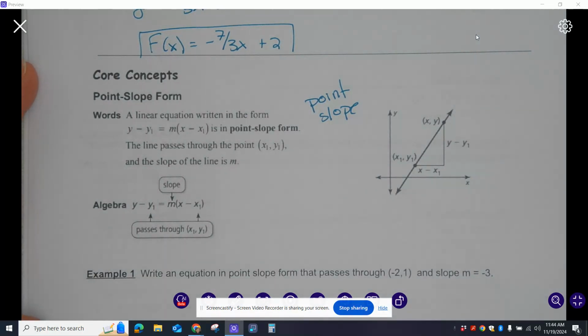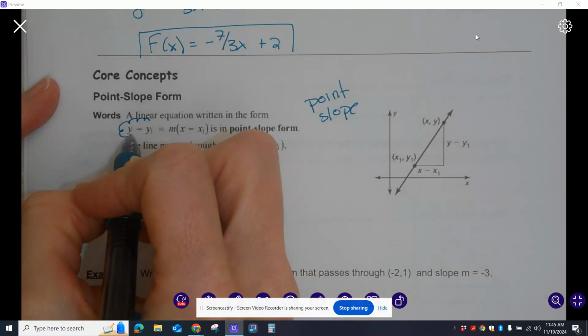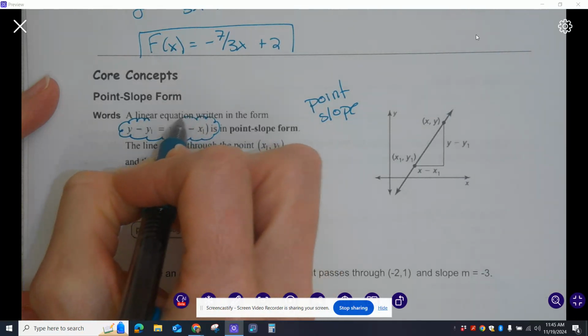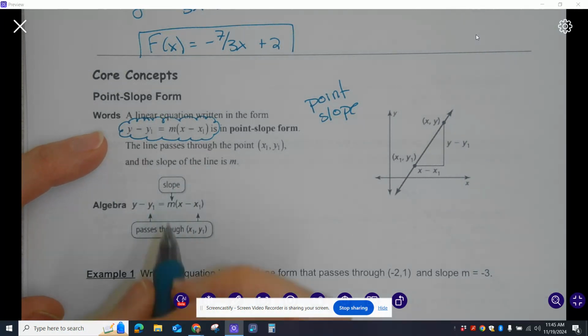If you have a point and a slope, then you can write an equation of a line using this form right here, which we call point-slope form. I'm going to recommend that you put a box or highlight or something right there so you know this is what point-slope form looks like.